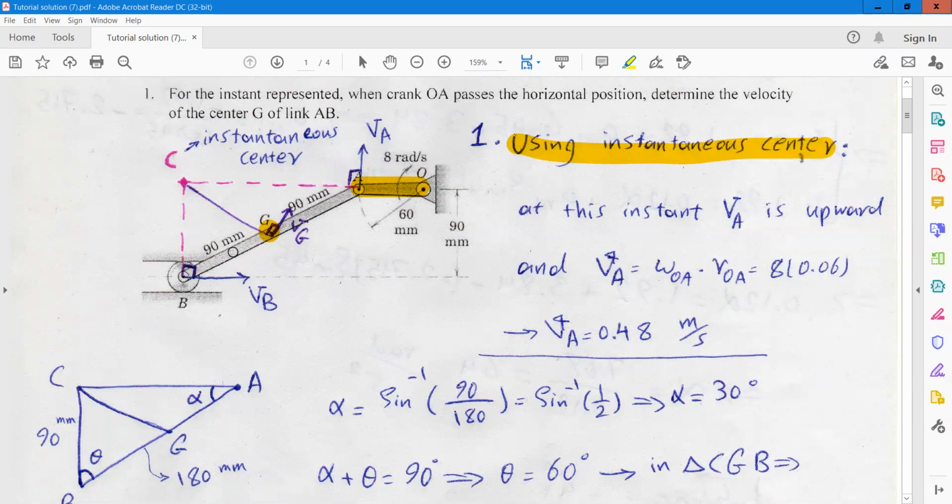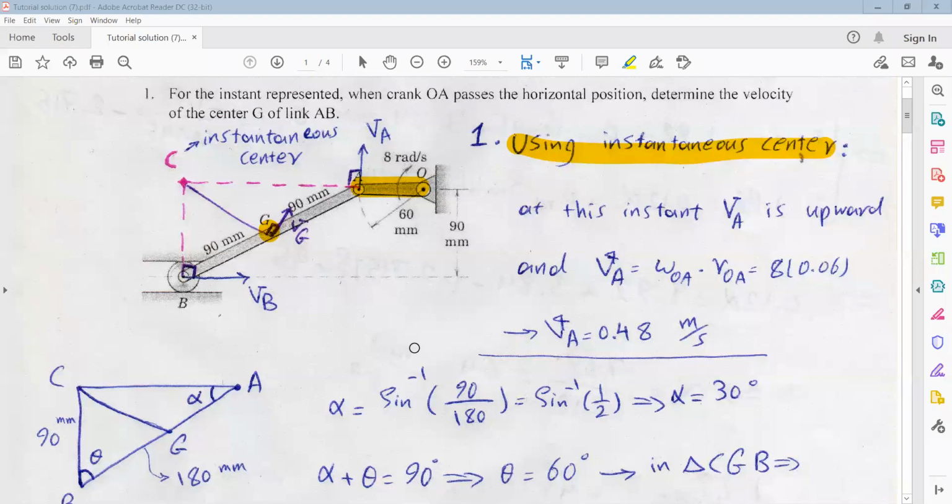Here we want to obtain the velocity of point G, which is located on the rigid body AB. So we need to find the instantaneous center of zero velocity for link AB.